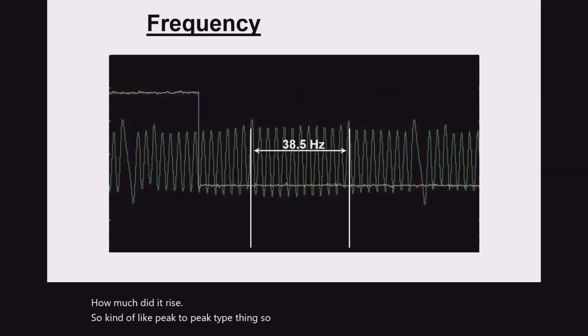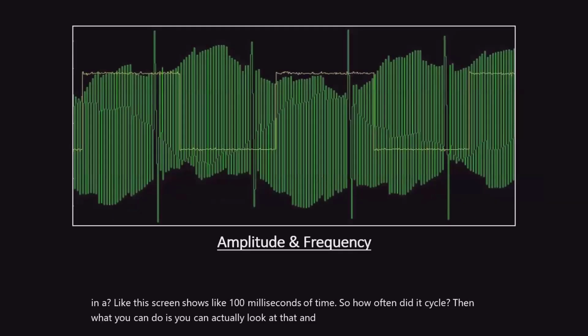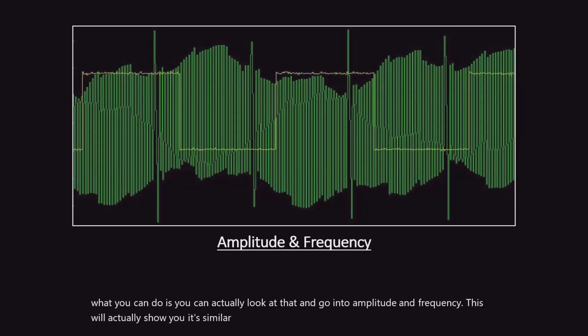The other one is frequency. How often did it cycle? This screen shows like 100 milliseconds of time, so how often did it cycle in that time? Then you can look at that in terms of amplitude and frequency. It's similar to RPM signals.